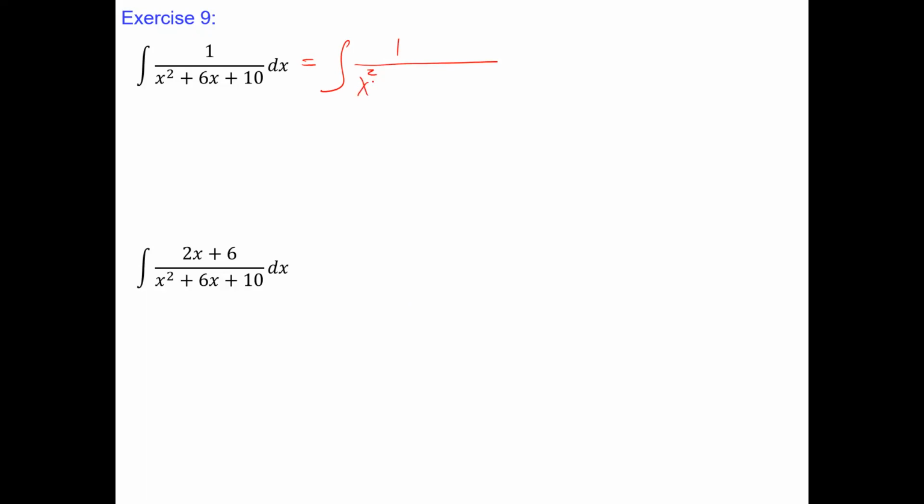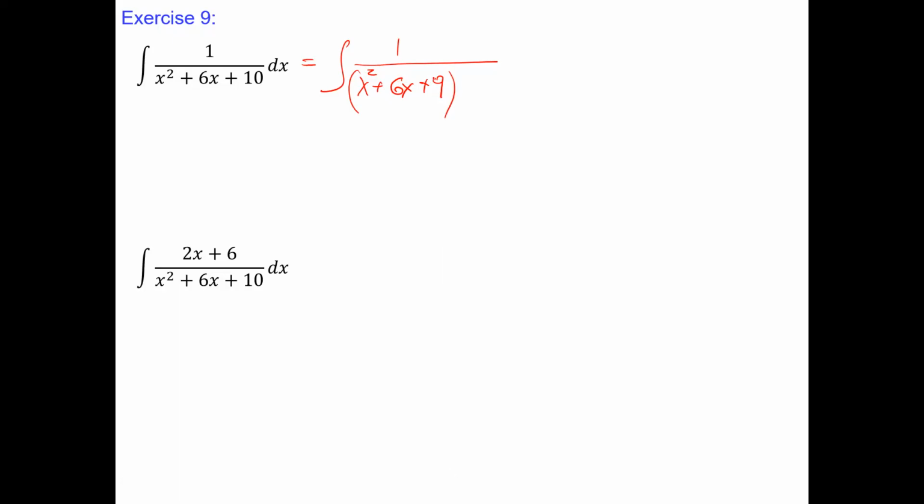Because I need the quantity squared plus the constant: x squared plus 6x, and we know that we will be missing something, if we remember the algorithm. 6, the coefficient of x, divided by 2 is 3, 3 squared is 9. That's how we can always get the third quantity.